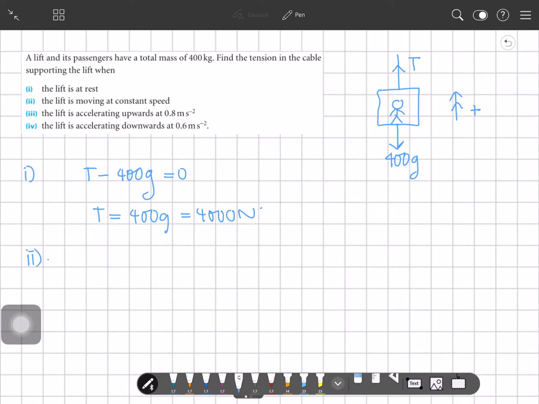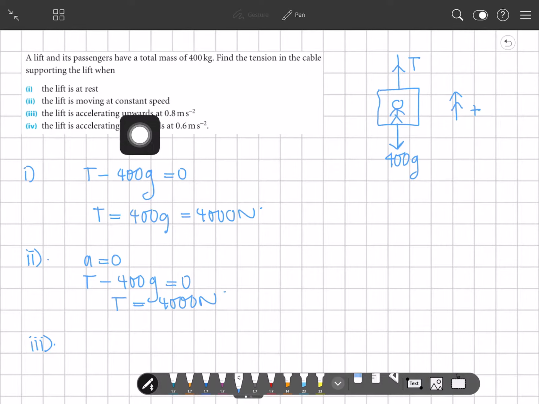Alright, for question number 2, the lift is moving at constant speed. When the lift is moving at constant speed, we need to know that acceleration is equal to 0. There's no acceleration. So that means tension minus 400 g equal to 0, then the tension is also 4,000 Newton.